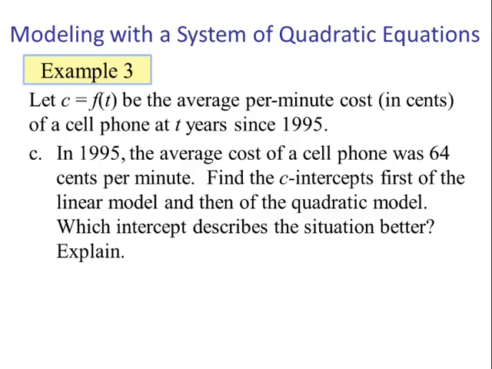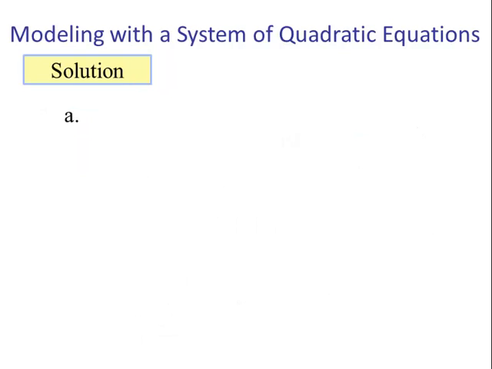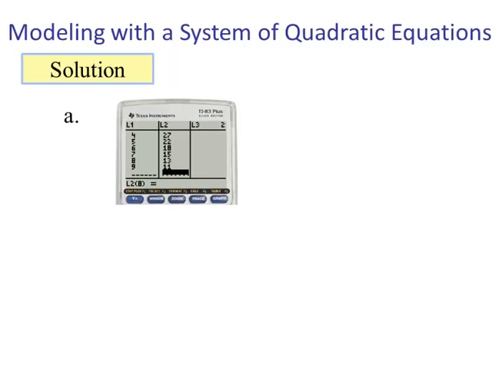Find the c-intercepts, first of the linear model and then of the quadratic model. Which intercept describes the situation better? Explain. And D. For the periods 2004 to 2006, which model would cell phone subscribers hope would describe the situation better? Explain. Solution. Part A.